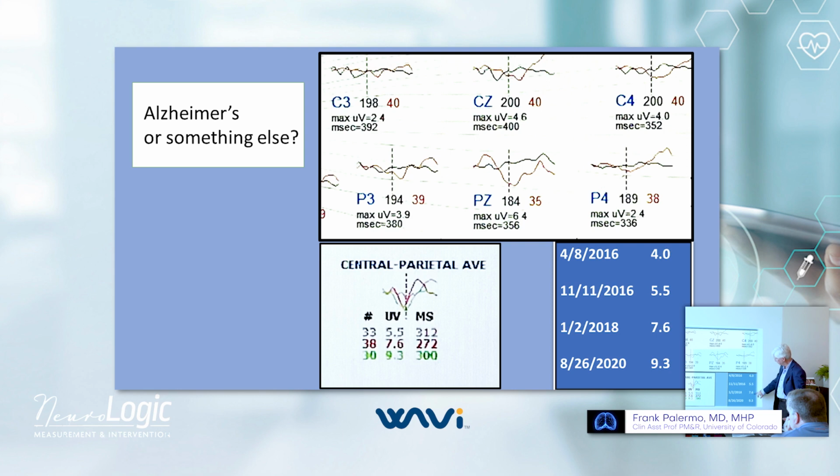Then when Dr. Boone got on, it went from 7.6 to 9.3, and then Dr. Boone got an even higher score. So anyway, I'm just saying that this test is a physiologic test that will change with improved internal physiologic activity.